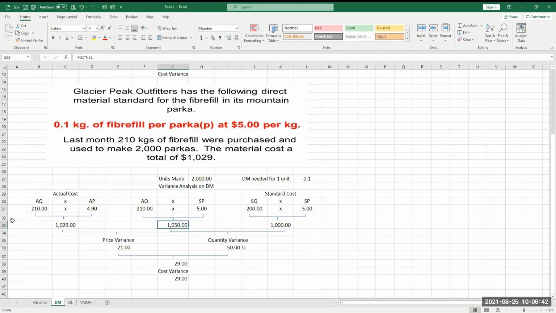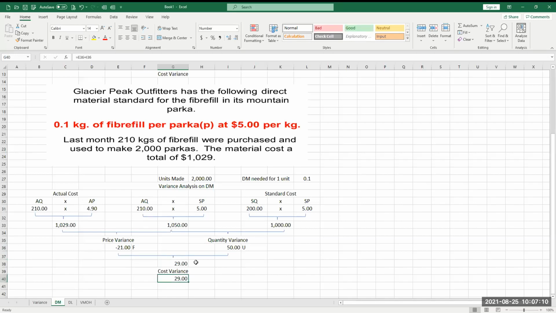I was able to generate a saving of how much? Of $21, right? So instead of spending $1,050, I'm spending $1,029. Since I'm spending less, is that favorable or unfavorable for me? Favorable. Good.